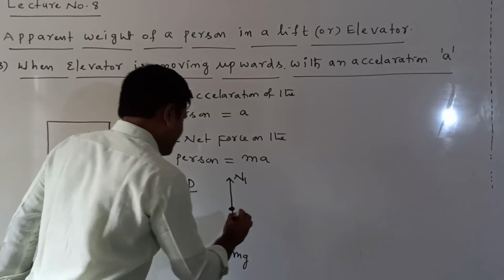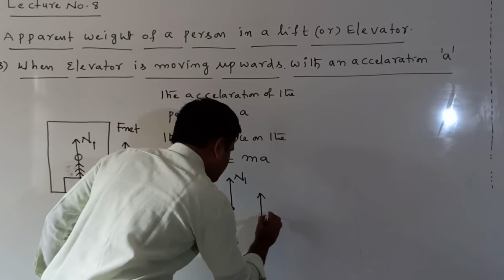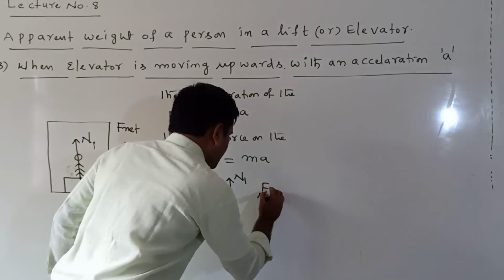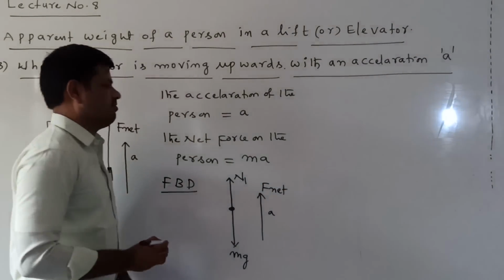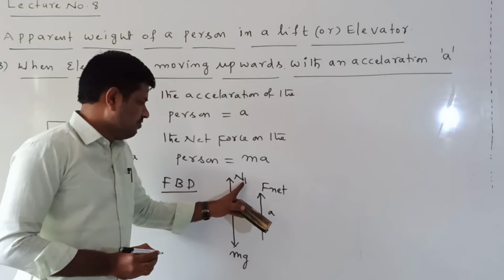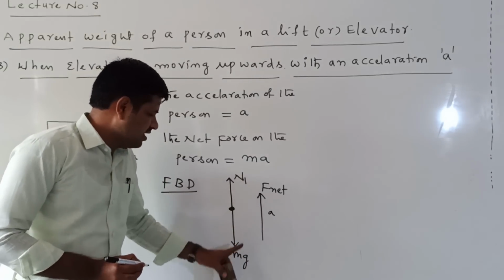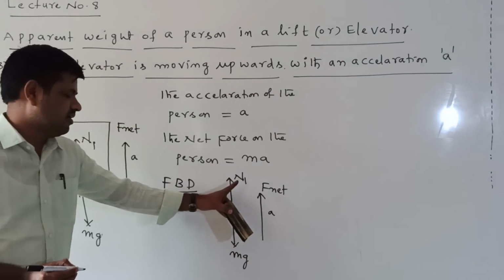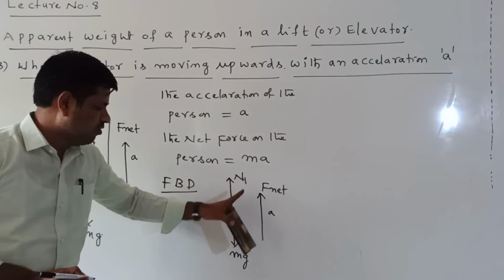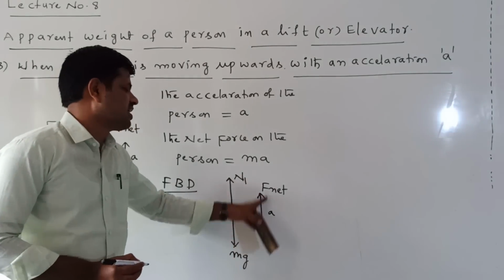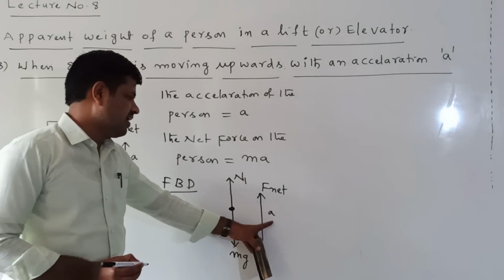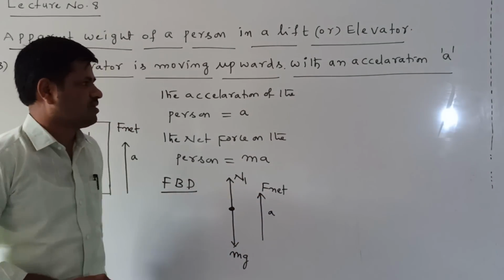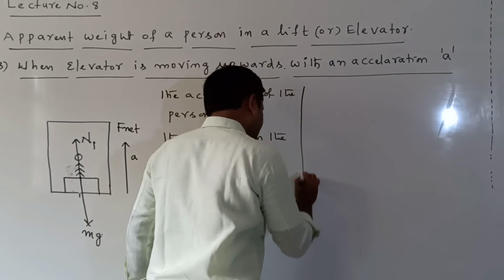This is the acceleration A, and the net force is also acting in the same direction. So n1 is larger than mg because the net force is acting in this direction. In whichever direction the net force is acting, that force is larger. Keep that in mind.